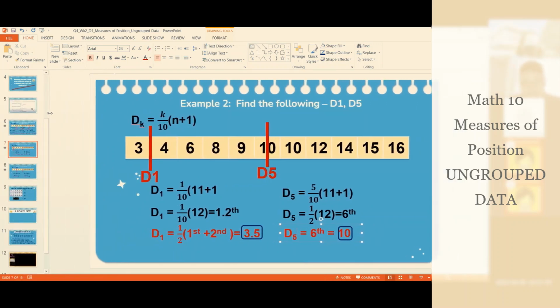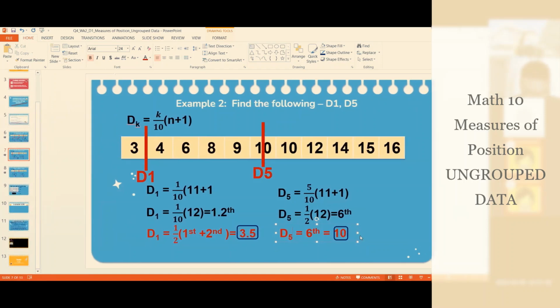Kita naman kahit hindi ko palakihin. Kaya lang hindi pala mag-work yung aking animation. 6. So, 1/2 of 12 is 6. Now, take note. If it is exact like this one, you don't need to add. Kung ano yung pang 6th place, that's the answer. Kaya from 3, let's count: 1st, 2nd, 3rd, 4th, 5th, 6th. So, your 6th is 10. So, your decile 5 is 10.